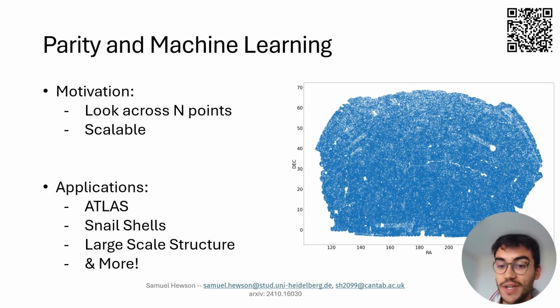We here have now used it for the large scale structure, specifically the BOSS dataset. And in the future, hopefully there'll be many more applications of this and similar methods, because in theory, any dataset where you're searching for parity violation, these methods can be used.